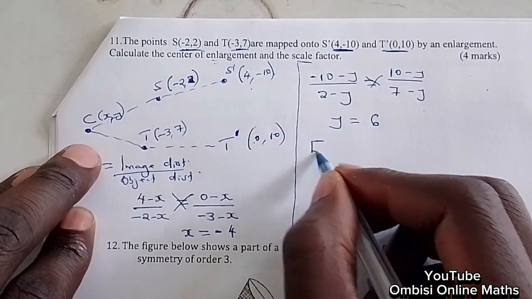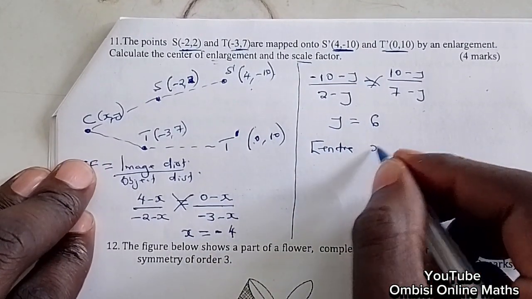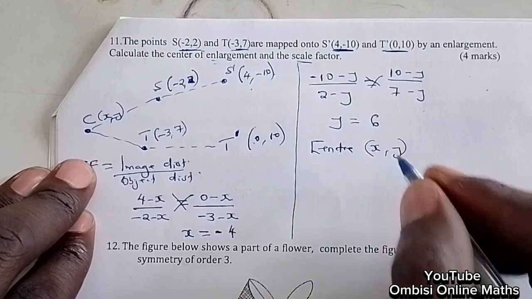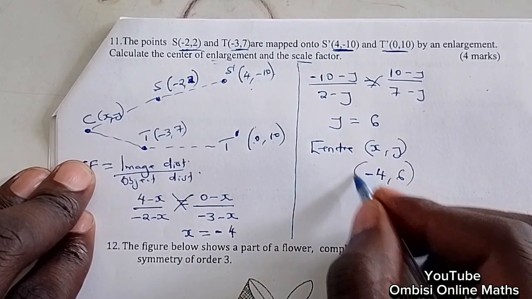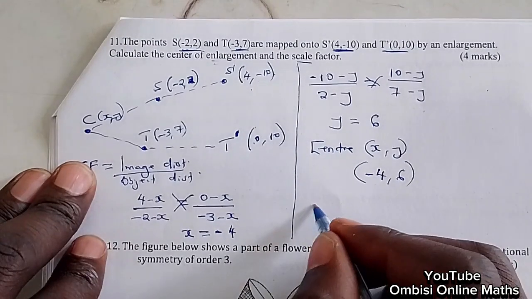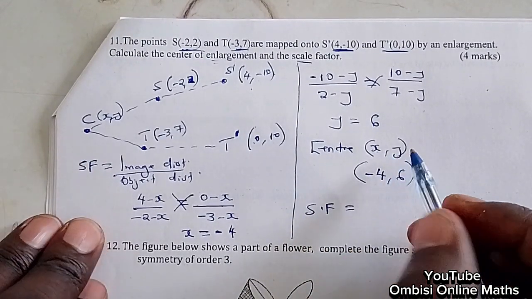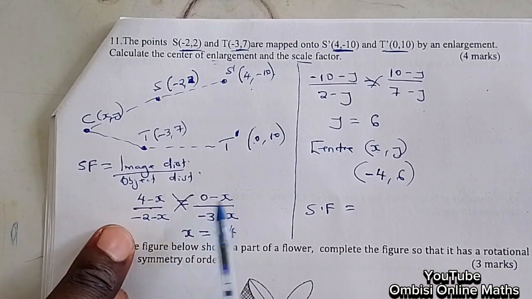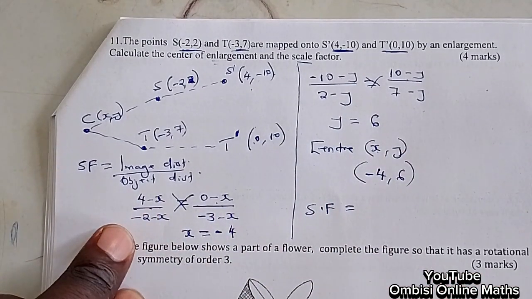So it means that the center of our enlargement is xy, which is equivalent to -4, 6, like that. Then for the scale factor, we substitute the values of x and y into either this one, this, or this, and it is going to give us the same value.